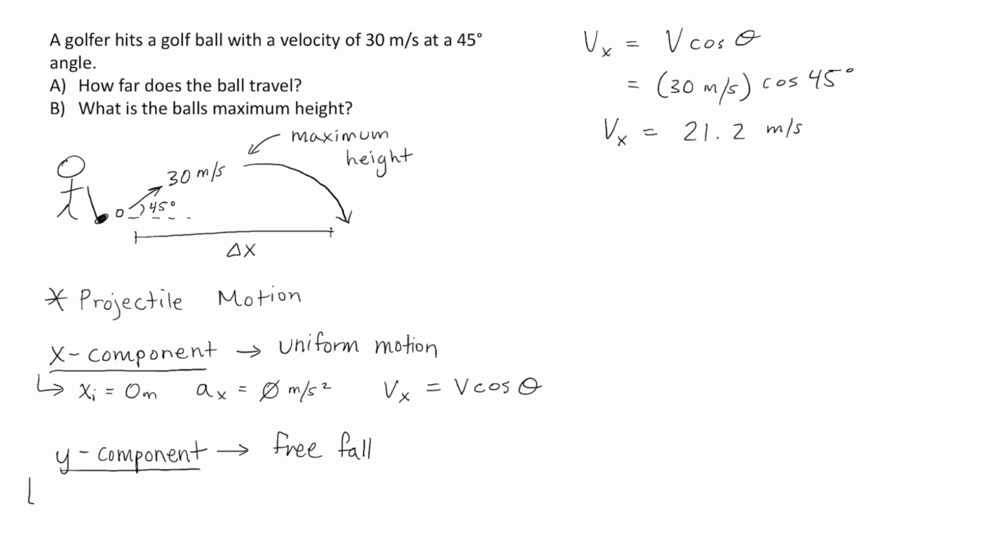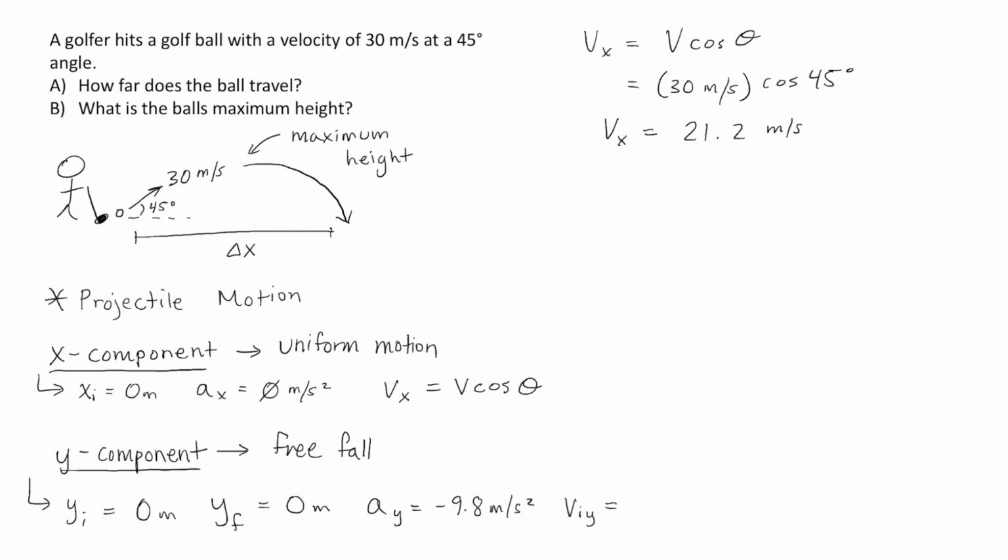Now let's look at the y component. Yi is 0 meters because the ball starts on the ground, and Yf is also 0 meters because the ball lands on the ground. And now because this is free fall motion, the acceleration in the y component is equal to negative 9.8 meters per second squared. And we can also figure out the ball's initial velocity for the y component.